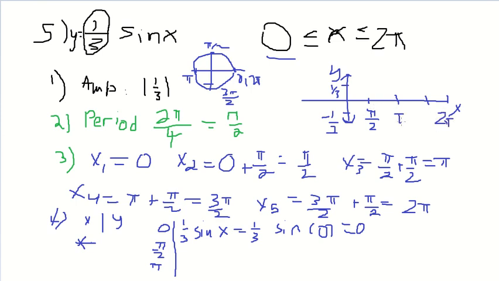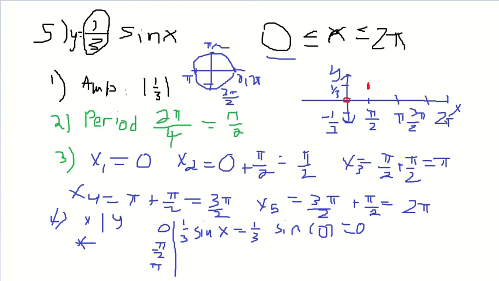This is pi. This is 3 pi over 2. And so your graph, you should have a point there, a point there, a point there. Oops, excuse me. I will get rid of that. That is incorrect.